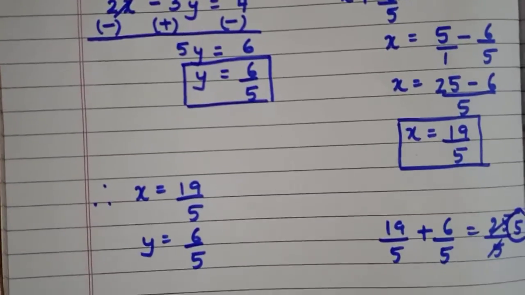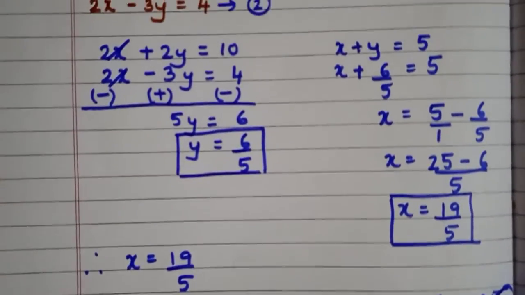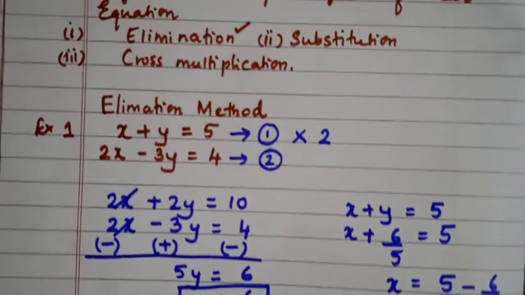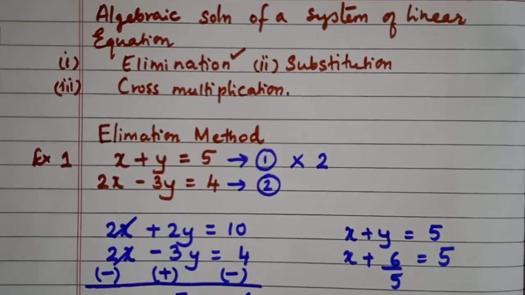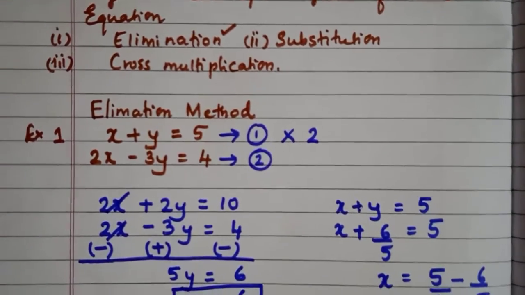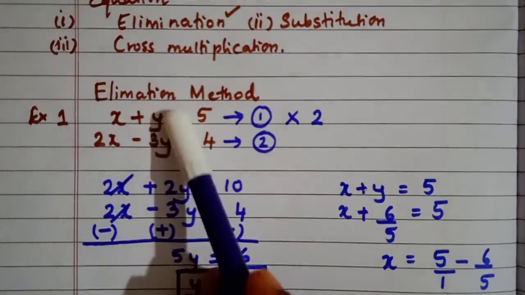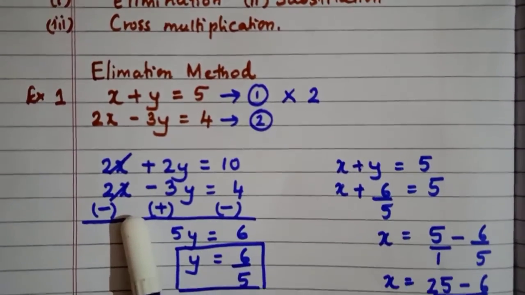So now you can have a quick recap of what we have done. The first step what you need to do is, you have to check whether you can eliminate any one of the variable by checking its coefficient. If the coefficients are not same, make the coefficients same as we have done in this example.